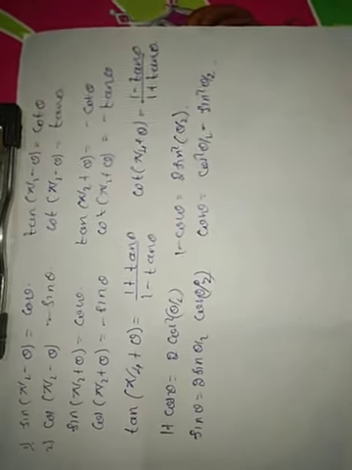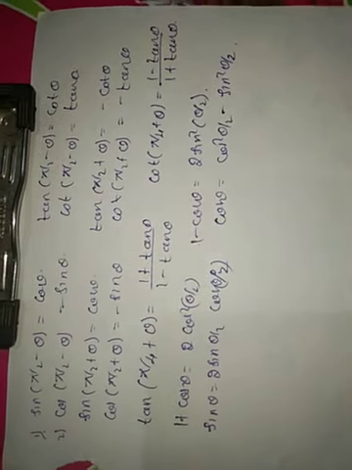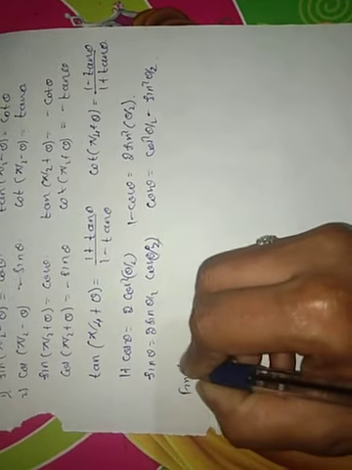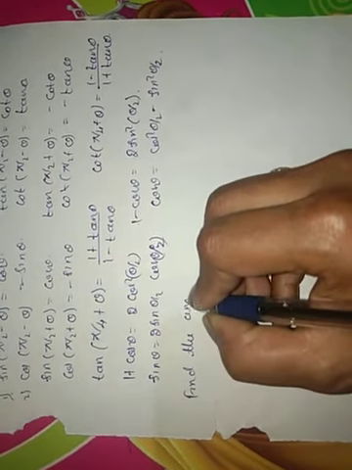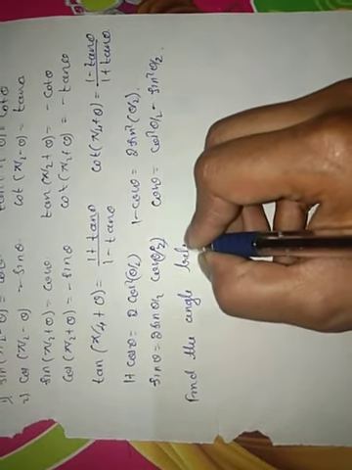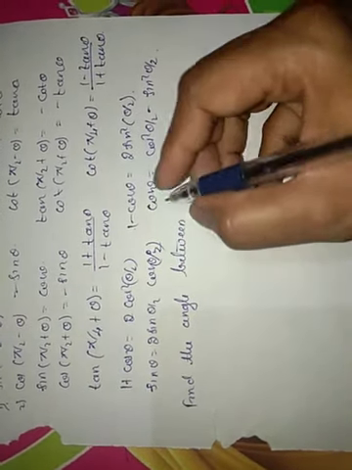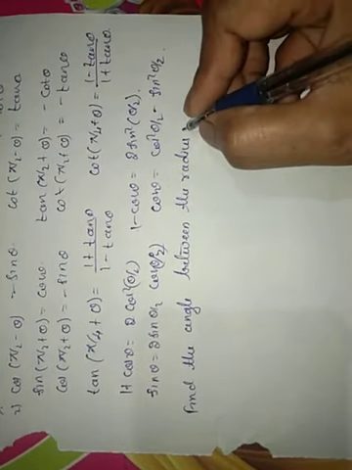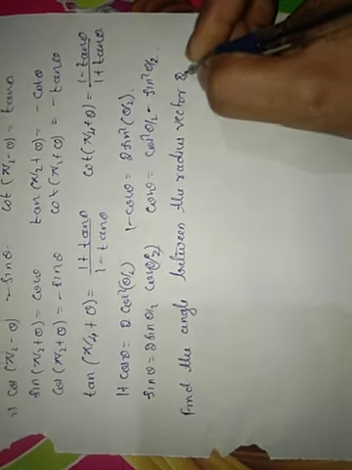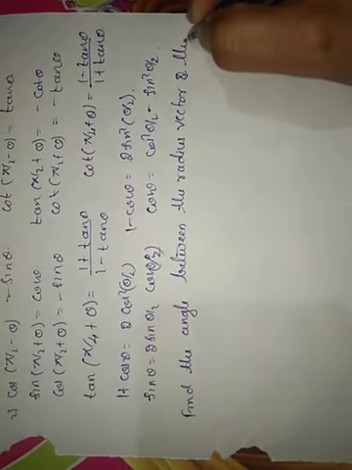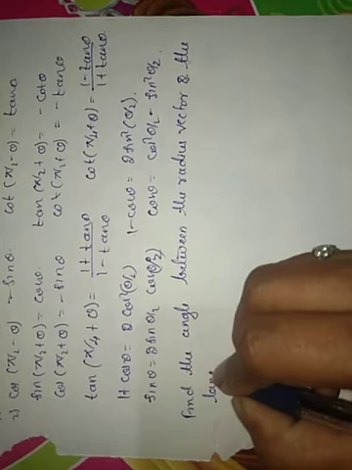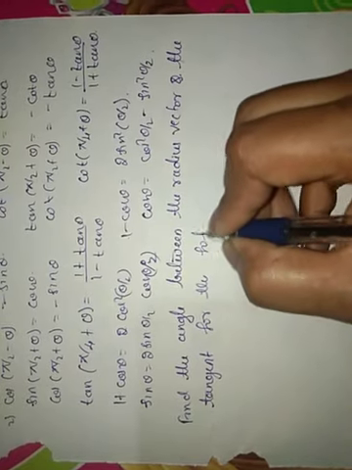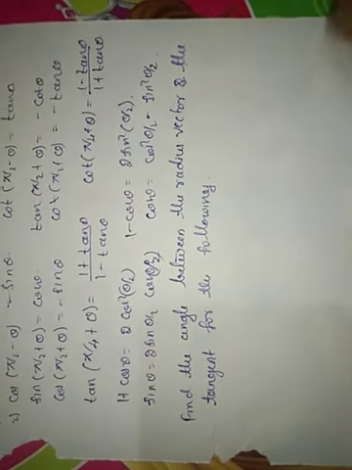So based on these basic trigonometric formulas, now we are going to solve the examples, and the example will be asked in the manner: find the angle between the radius vector and the tangent for the following examples.